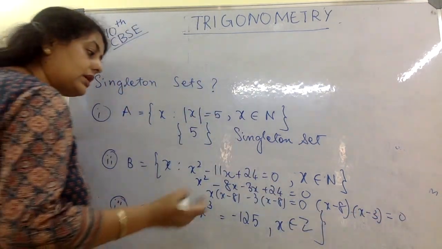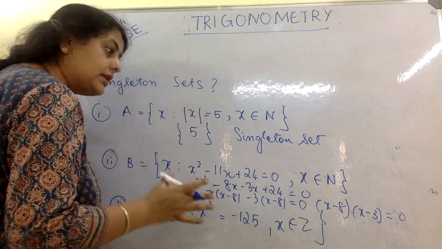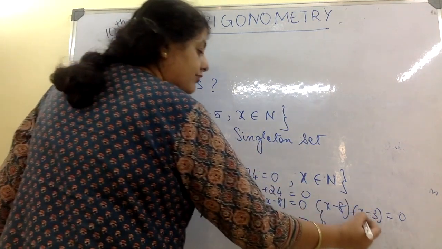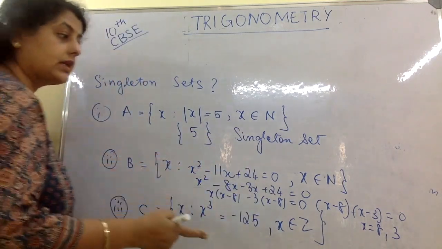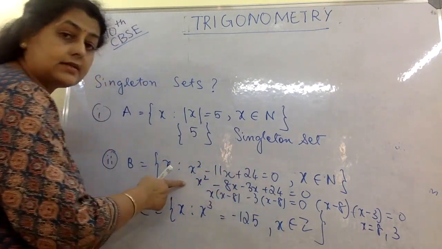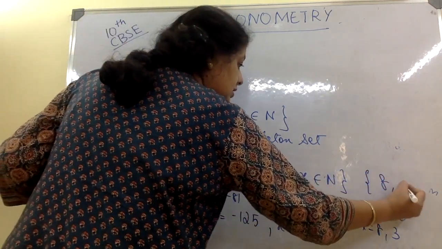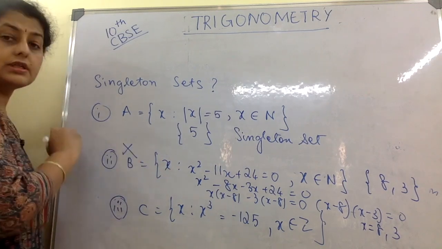So x is equal to 8, x is equal to 3. We know how to solve this, right? It is either 8 or 3. Now, is this a singleton set then? The values of x for this particular set are 8 and 3. It is not a singleton set.